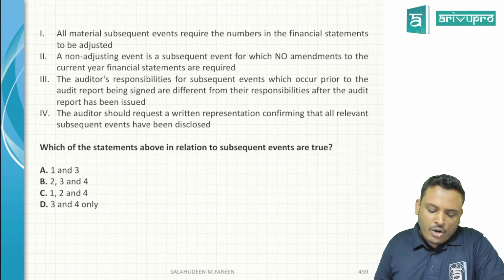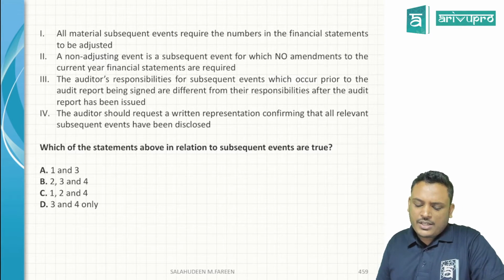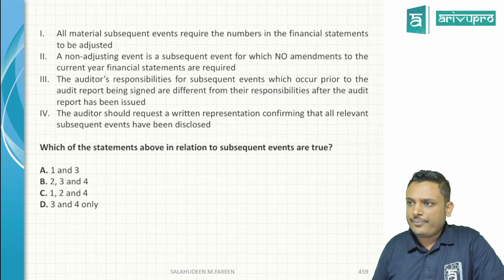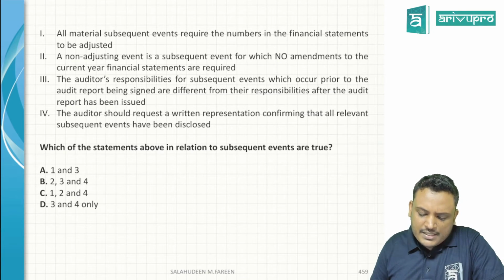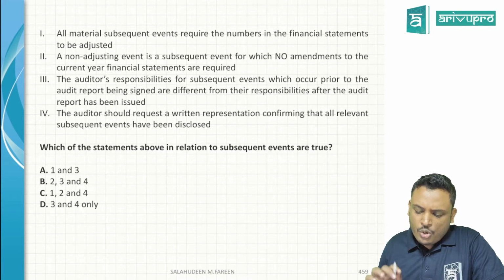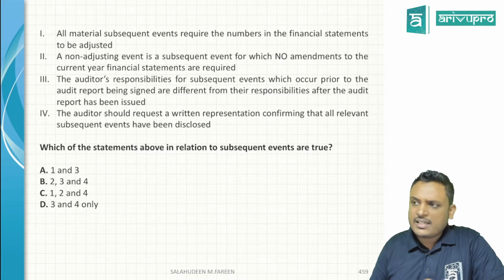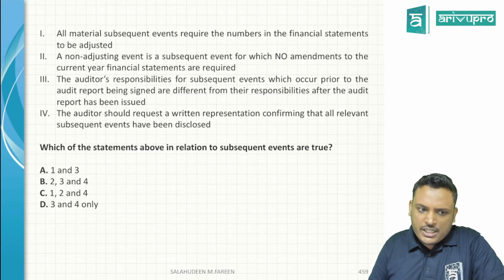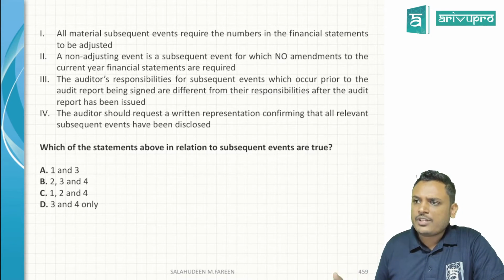Number 1. All material subsequent events require amounts in the financial statements to be adjusted. Number 2. A non-adjusting event is a subsequent event for which no amendments to current year financial statements are required. Number 3. The auditor's responsibilities for subsequent events which occur prior to the audit report being signed differ from the responsibilities after the audit report has been issued.